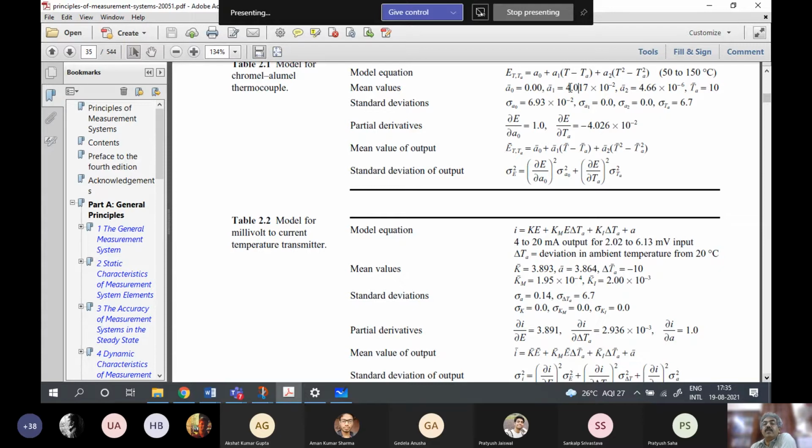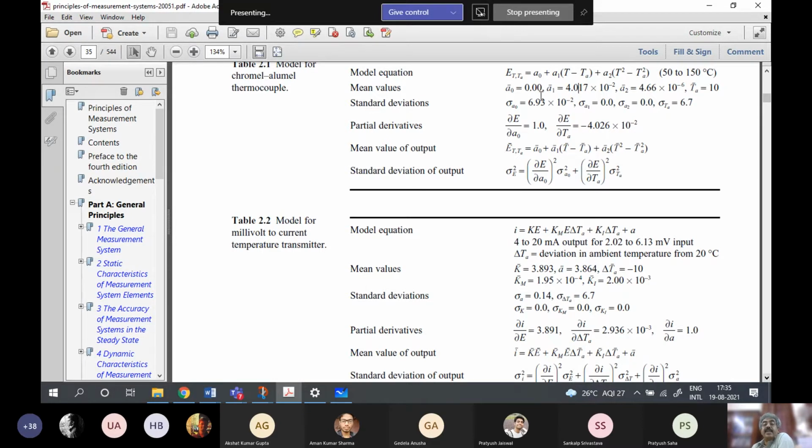If this is 20, then this term will be very high. But if it is 150, then this term may be comparable with this. So there will be some nonlinearity, right?